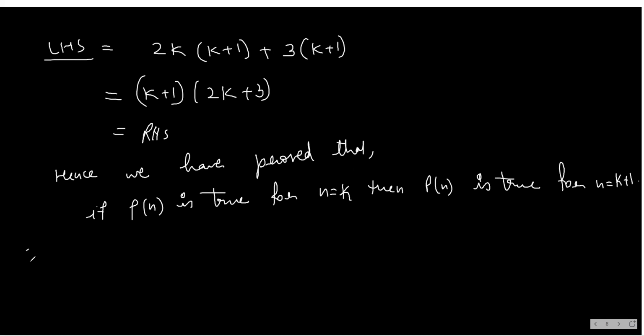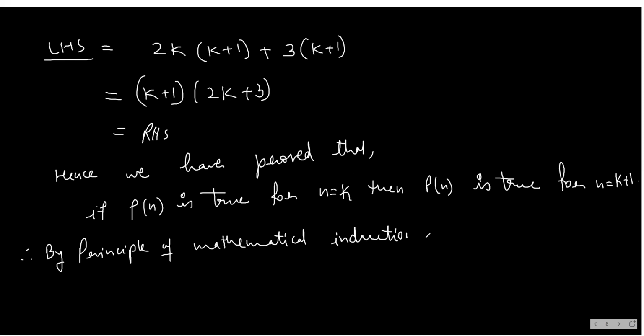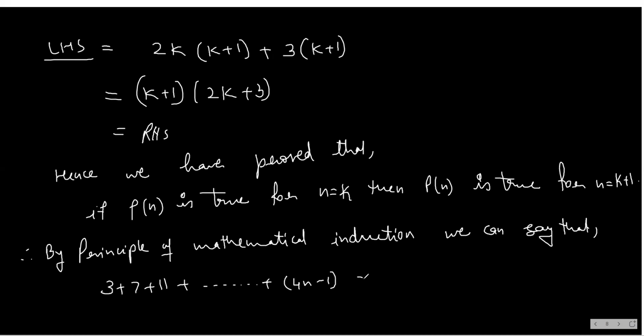So therefore, by principle of mathematical induction, we can say that 3 plus 7 plus 11 plus so on plus 4n minus 1 is equal to n into 2n plus 1.